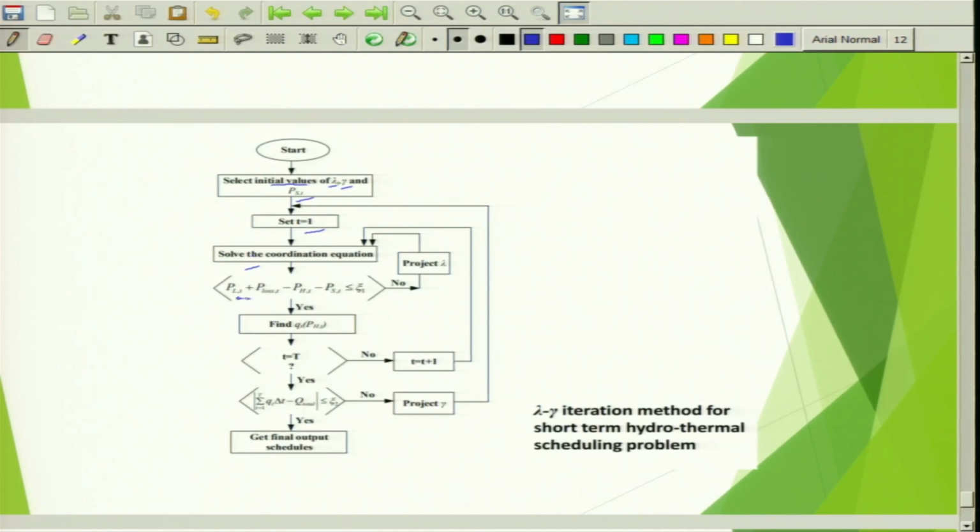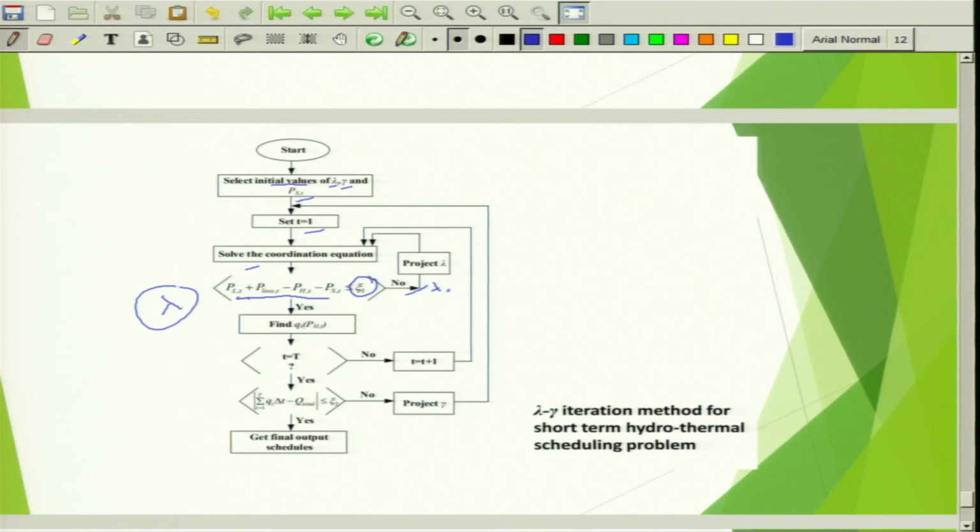And then you check whether the summation of generation is equal to load demand plus losses or not. If this is met, within the threshold, then the lambda value is frozen, that is the optimal lambda, right. Otherwise you project the lambda such that ultimately you come up with a point where total generation of hydro and thermal put together is equal to load plus losses.